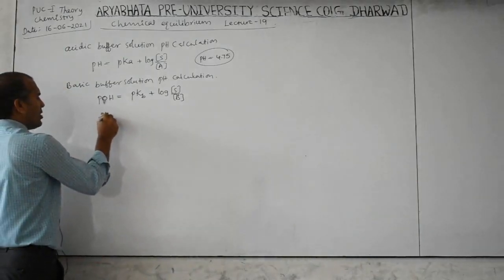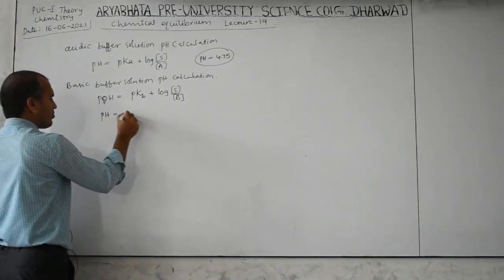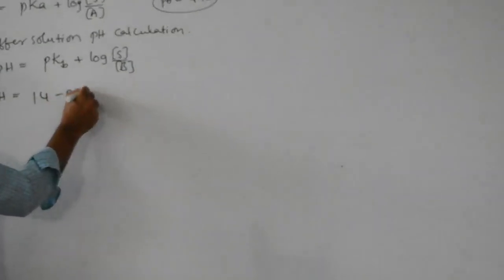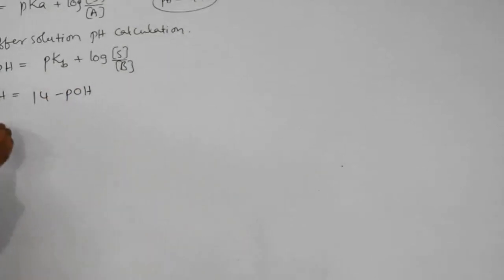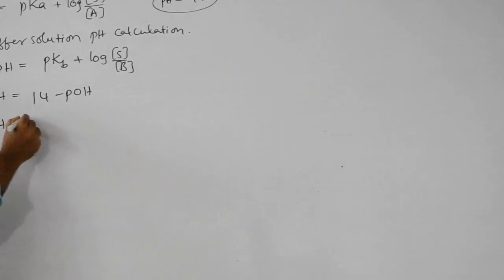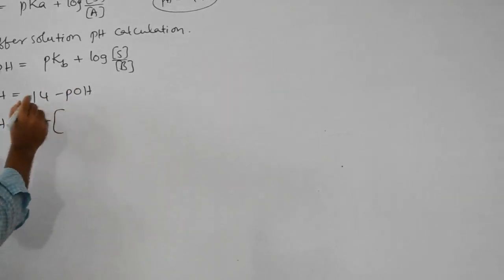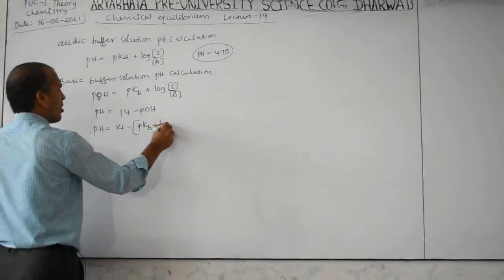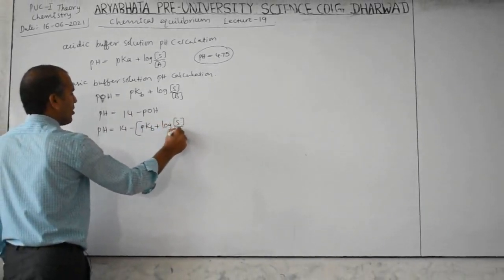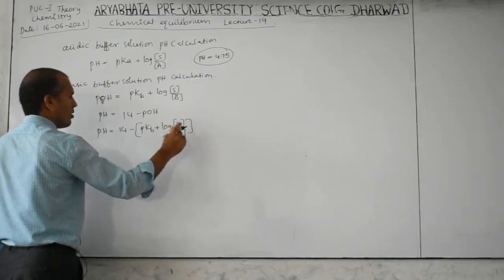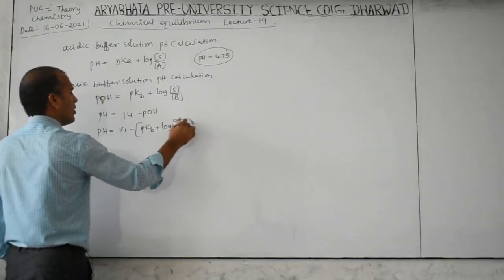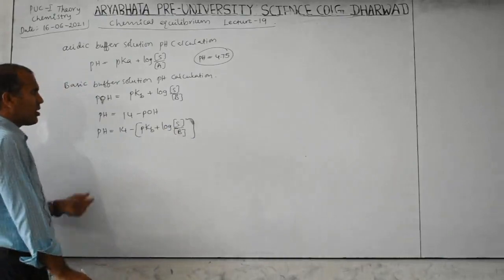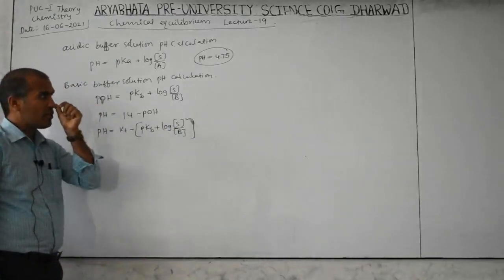Then pH is equal to 14 minus pOH, as we already know. So pH is equal to 14 minus the pOH formula, pKb plus log of salt concentration by base concentration. This is the pH calculation for a basic buffer solution.